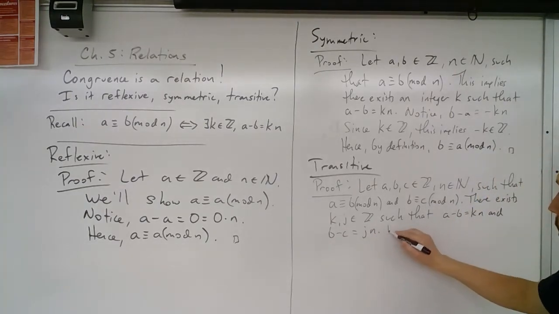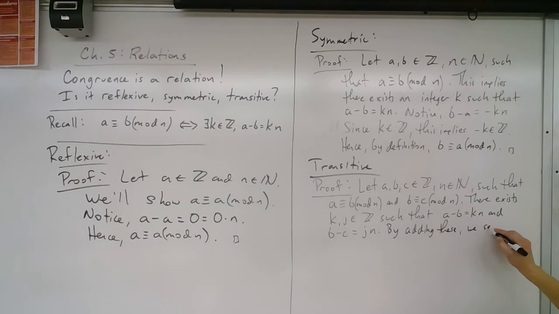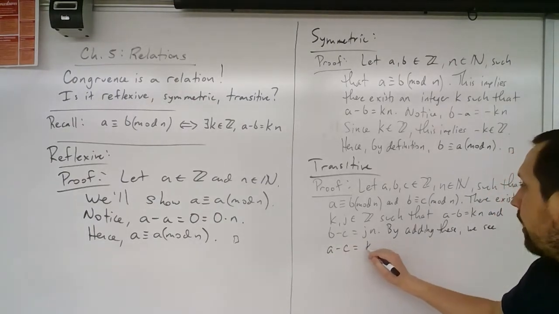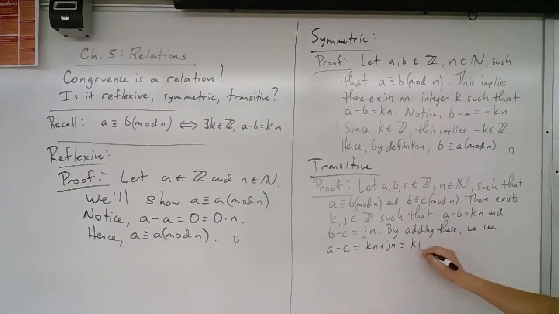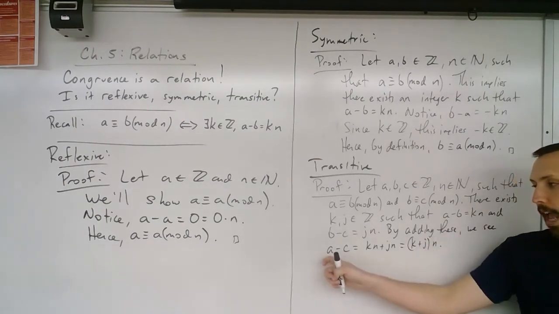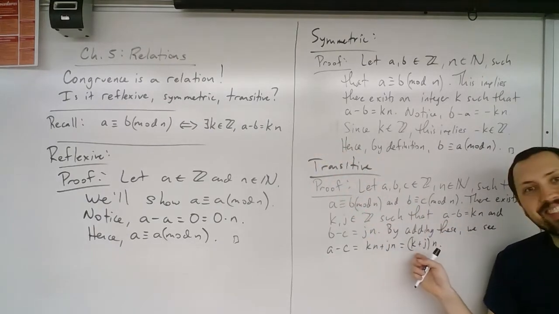So by adding these, we see a minus c is equal to kn plus jn, which is the same thing now as k plus j times n. So now we have shown that a minus c is equal to this, but to use the definition, we need to argue that this is an integer.